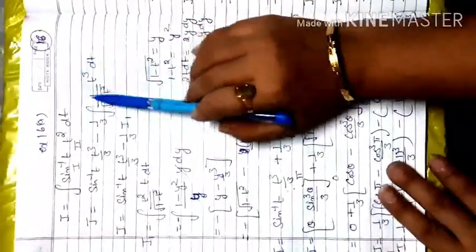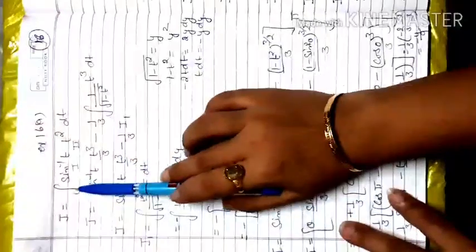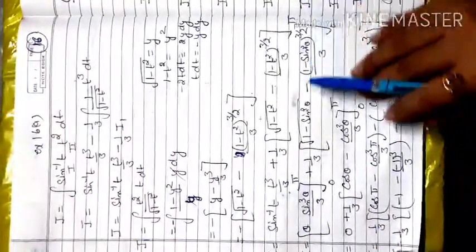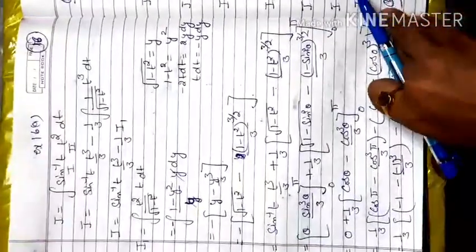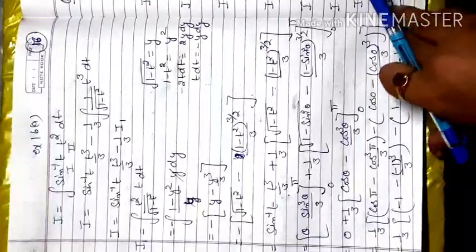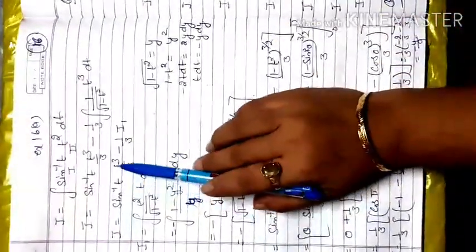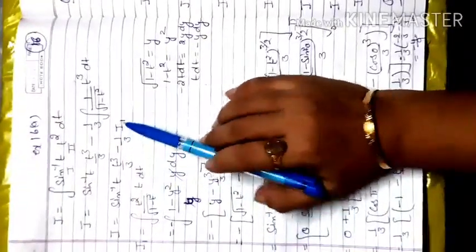I consider this integral as I1, and this is sine inverse t cube by 3. Here I am not using the limit because I have no t limit, I only have the theta limit given at the start. When I convert t back into theta, only then do I apply the limit. So here, sine inverse t cube by 3 minus 1 by 3 I1. So I just pick I1 here.